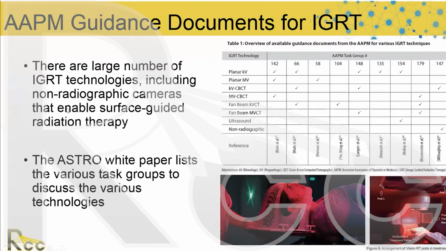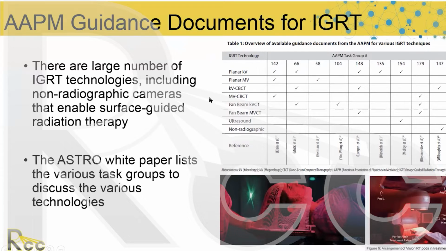There are a large number of imaging technologies, and ASTRO gave an overview of the different AAPM task groups that have addressed imaging technology, whether it's planar kV, planar MV, cone beam, or fan beam. You're going to have your specific technology, so you should focus in on what you've got and realize that there are resources for that.